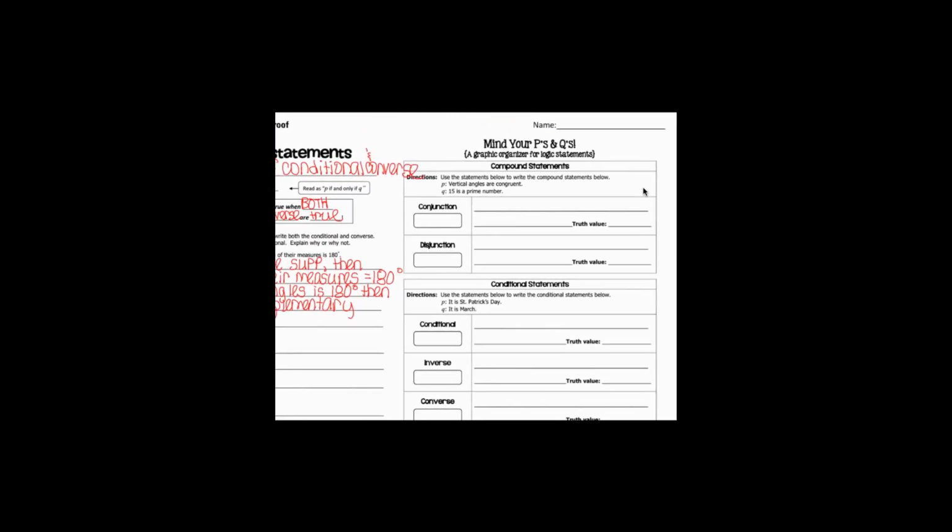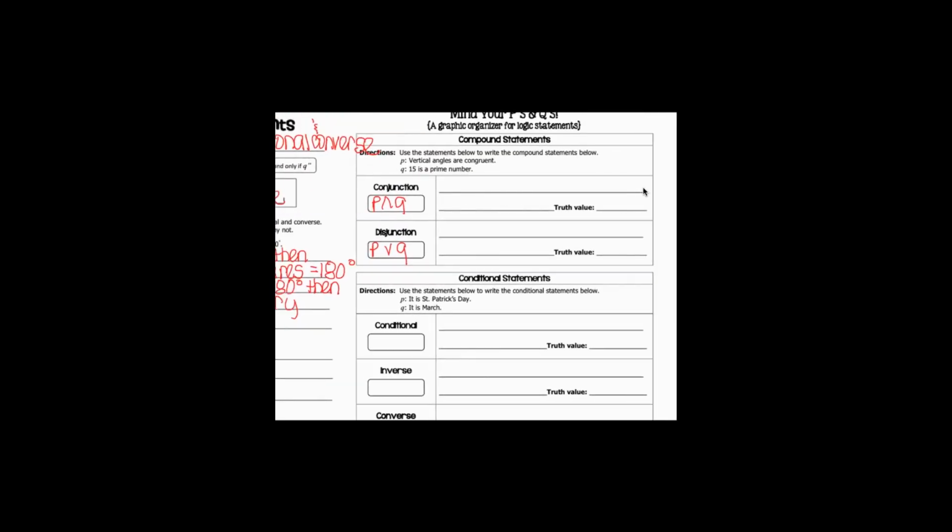So this is Mind Your P's and Q's, a graphic organizer for logic statements. This is just going to help us to review all the different things that we've covered. It's a good summary. So the conjunction, remember, is when you have P and Q. Disjunction is P or Q. If we're looking at these two statements here, P is vertical angles are congruent, Q is 15 is a prime number.